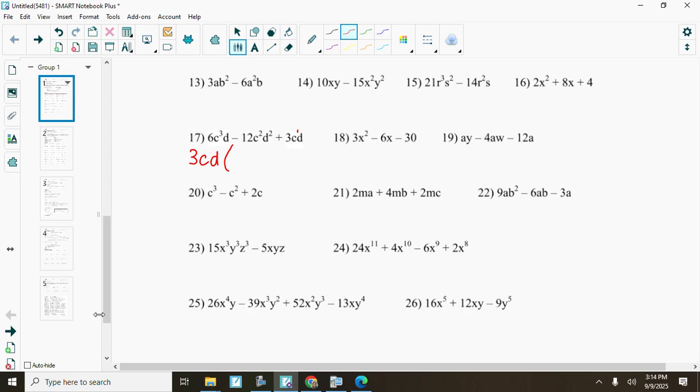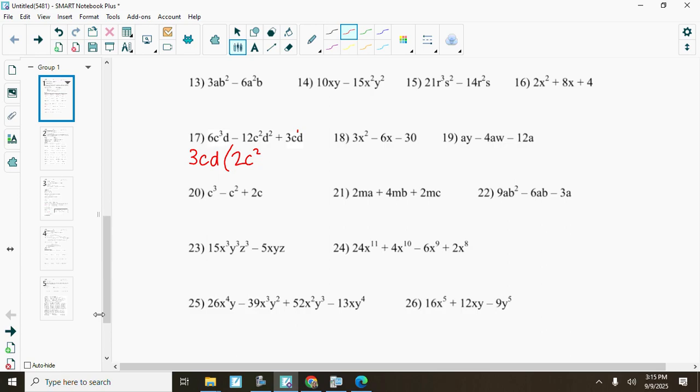Okay, I need to multiply 3 by 2 to get me to 6. And there's a C to the power of 3. I have one C out already. What do I need to add to 1 to get me to 3? 2. Okay, I've already pulled a D out, so do I need to add any more D's in there? No, my D's are taken care of.